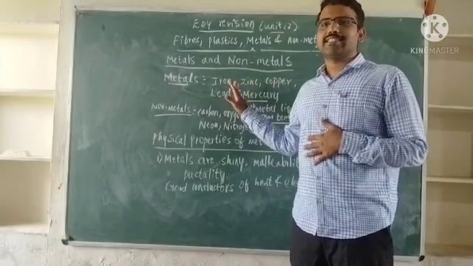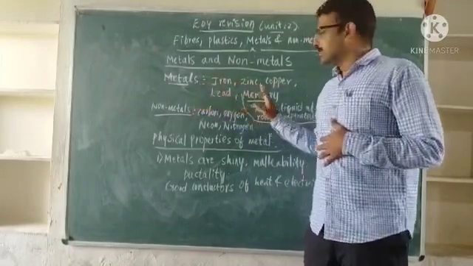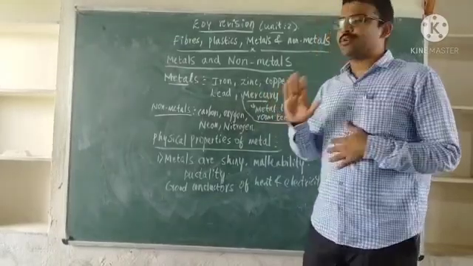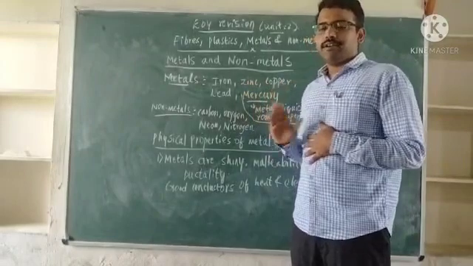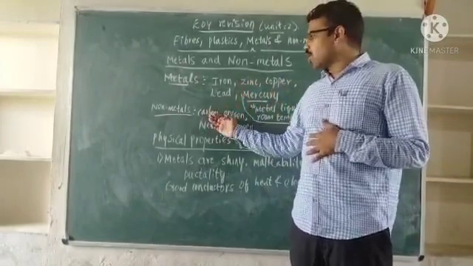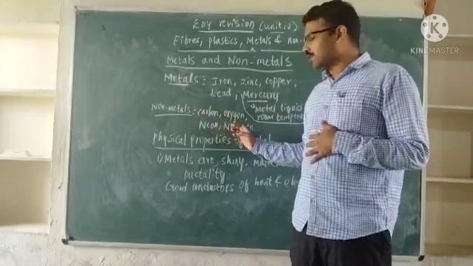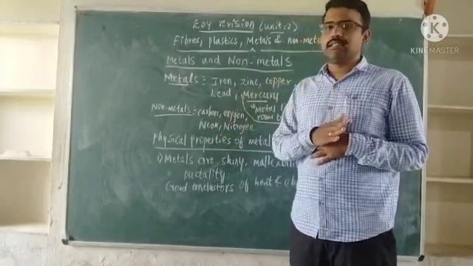Mercury is a metal that is liquid at room temperature. Non-metals are carbon, oxygen, neon and nitrogen.